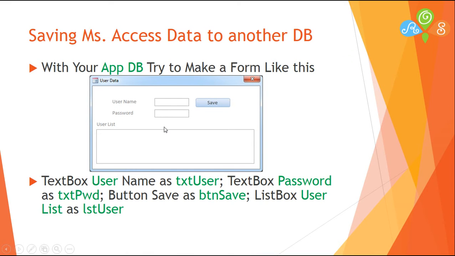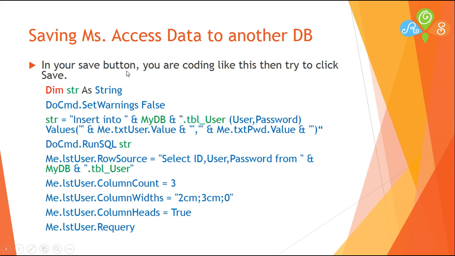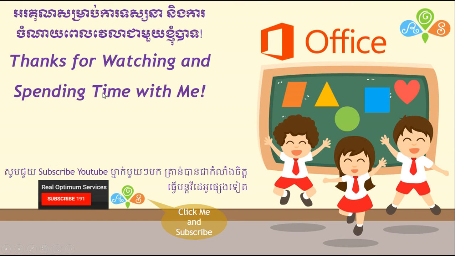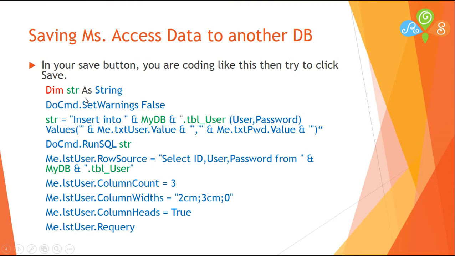The next is in the save button, you try to code like this, then try to click save. This is the code to save to the other database. First, we have to declare the string, the connection string that contains the SQL statement.